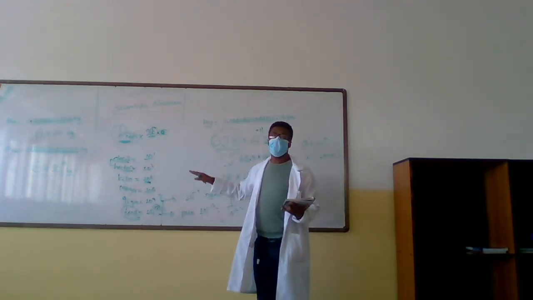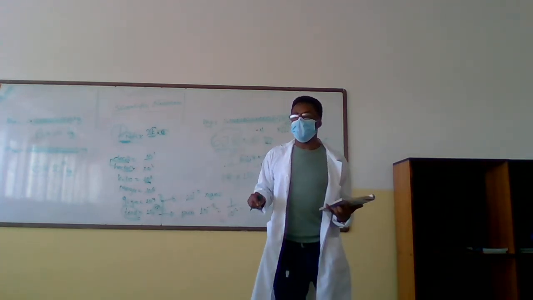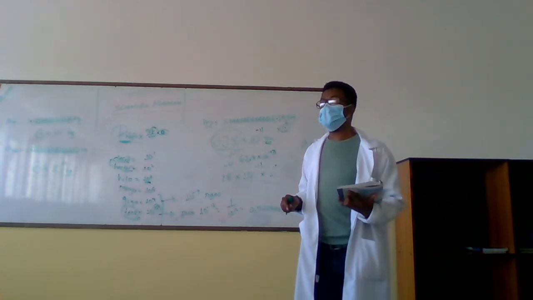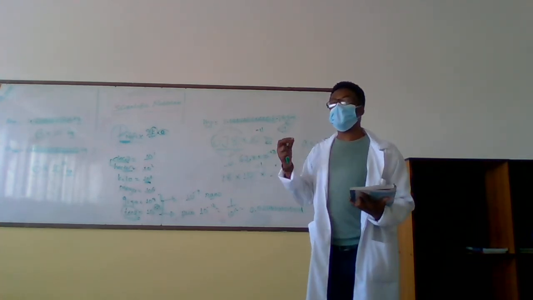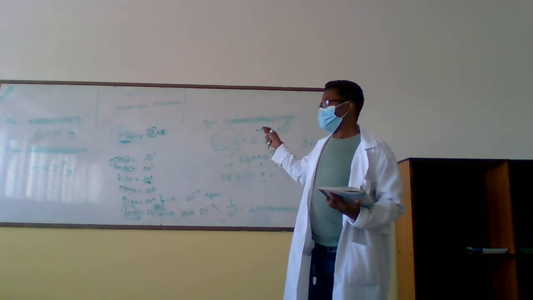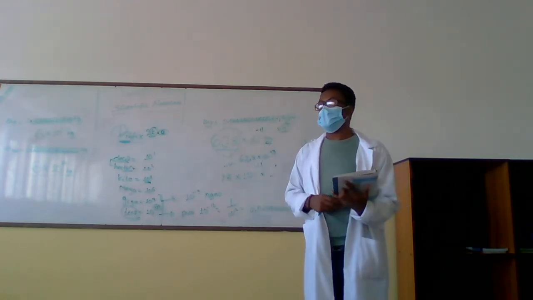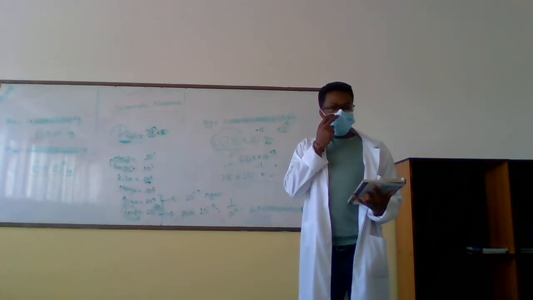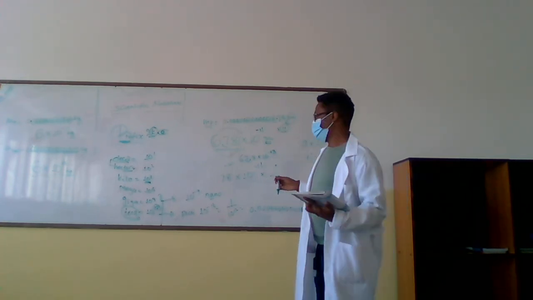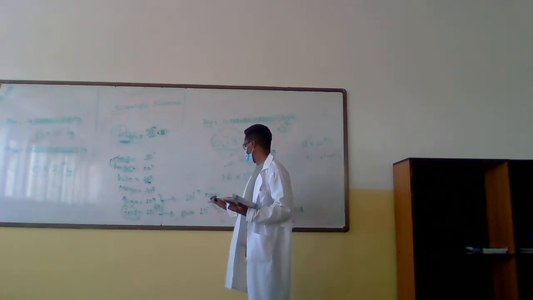Nano is a billionth of a meter. It is extremely small, and there is a technology which involves these tiny particles. There is an advancement of technology using this nanotechnology.